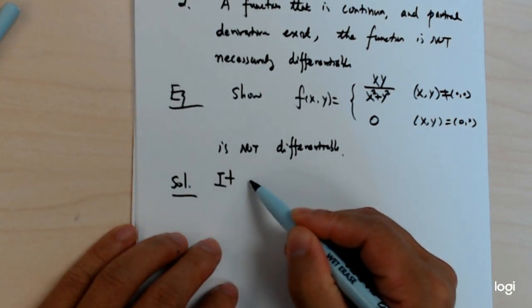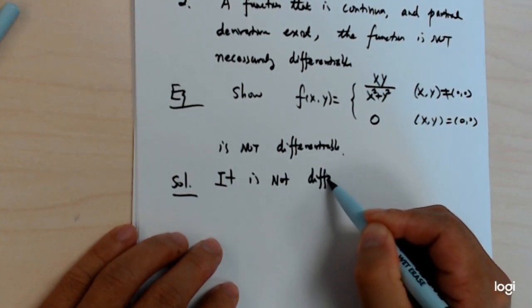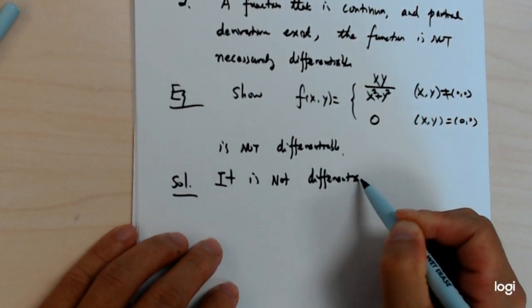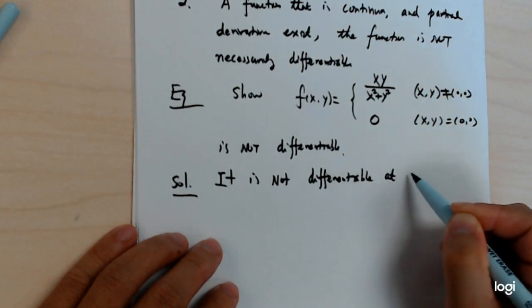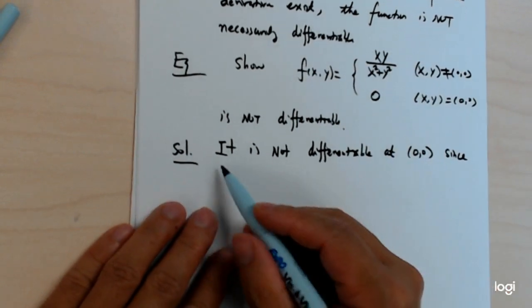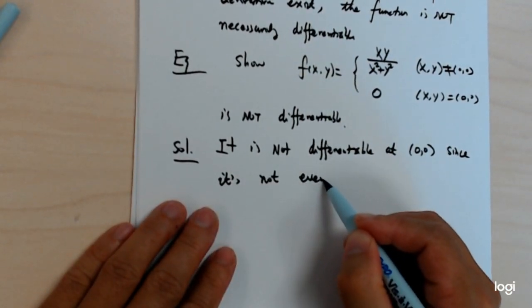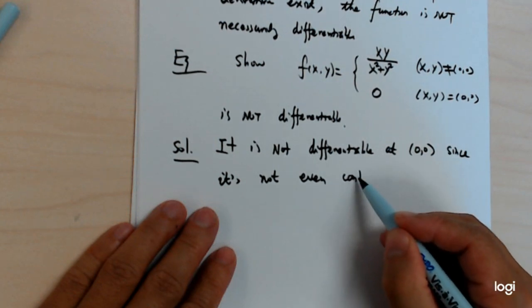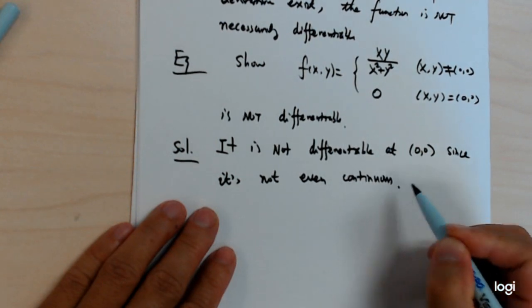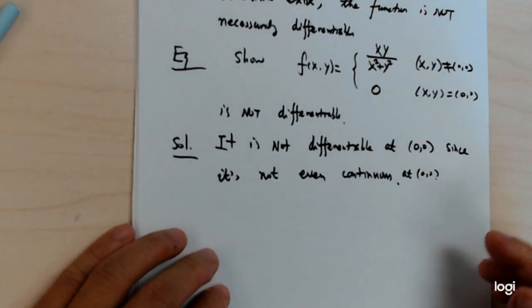So we'll simply say this guy is not differentiable because it's not even continuous, well, actually at the origin, okay?